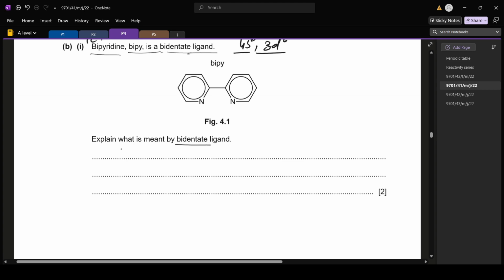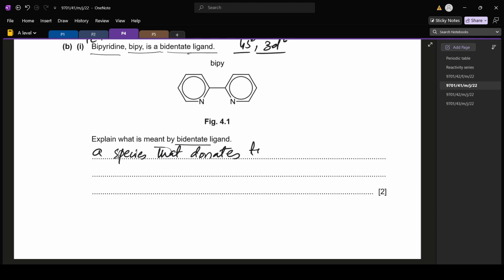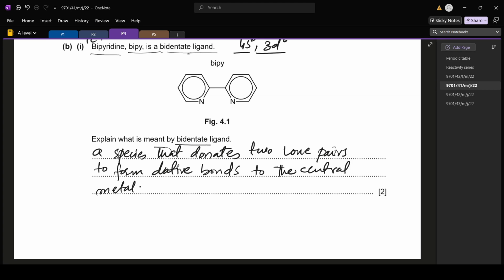So it's a ligand or species that donates two lone pairs to the central metal ion to form dative bonds to the central metal ion.